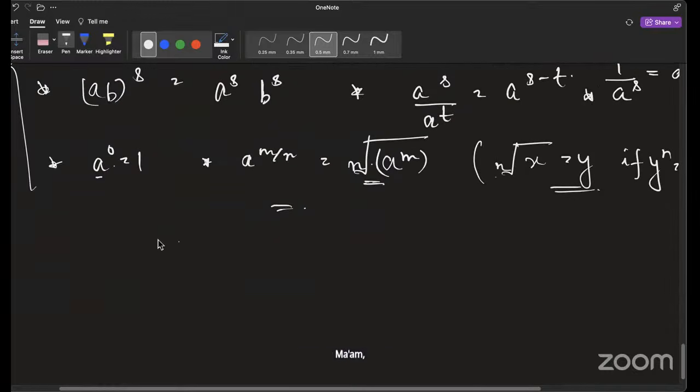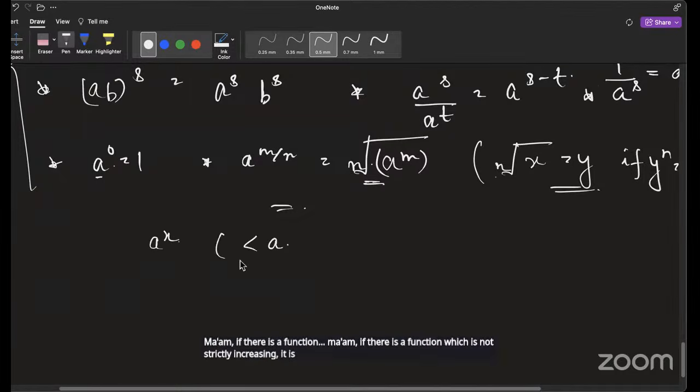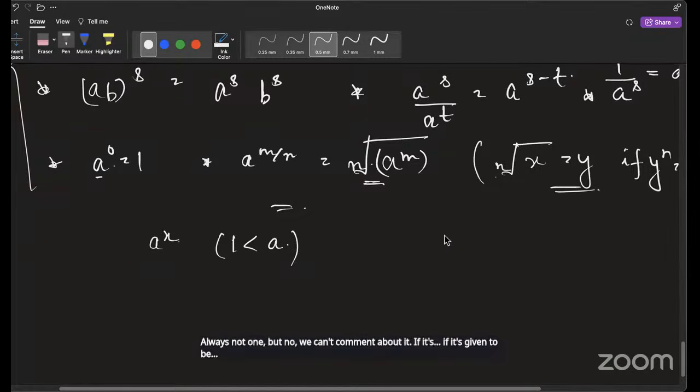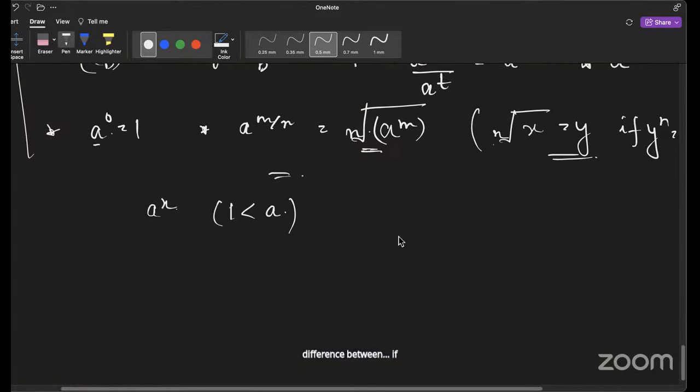Ma'am, if there is a function which is not strictly increasing, it is just increasing, can we say that it is always not one-one? No, we can't comment about it. If you say that it's not strictly increasing, that means it's not one-one, always.